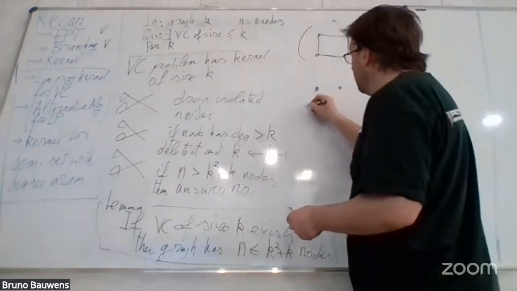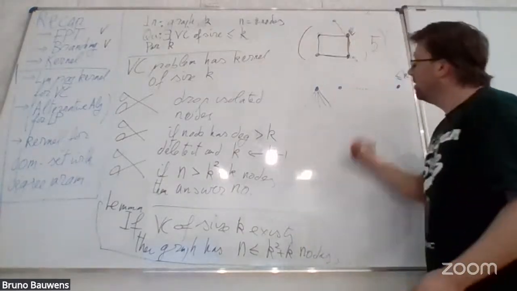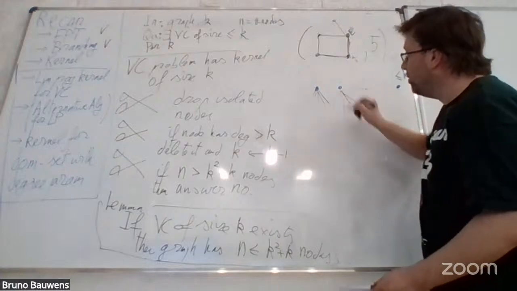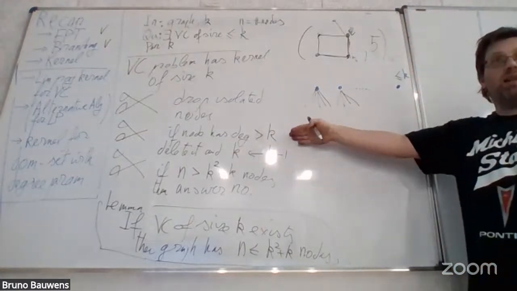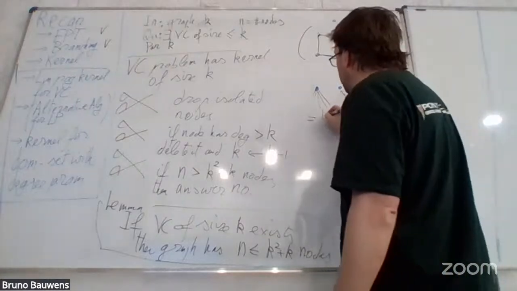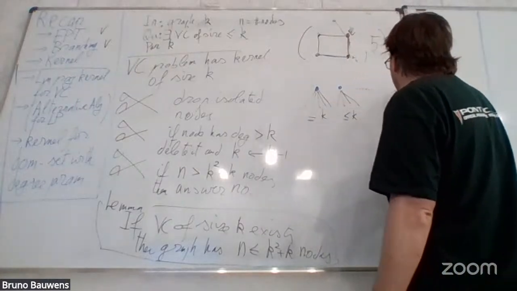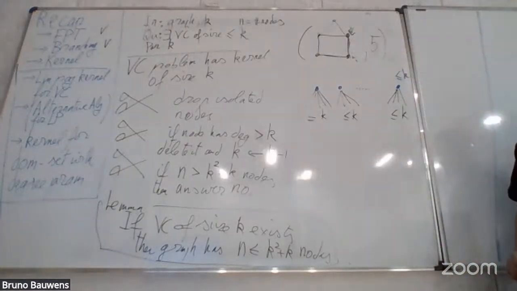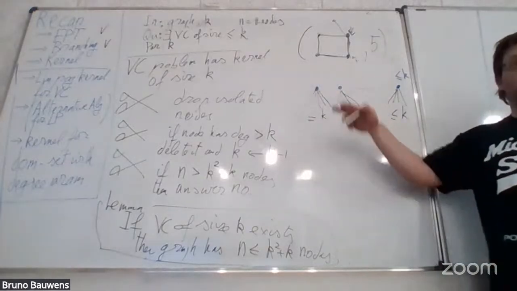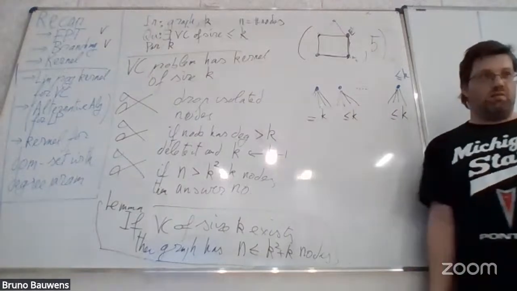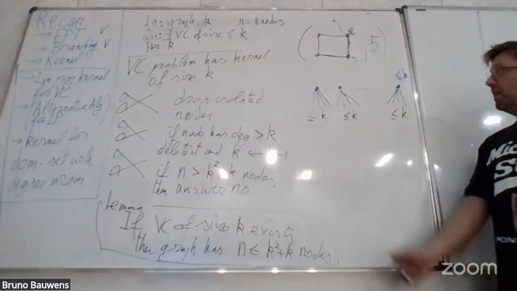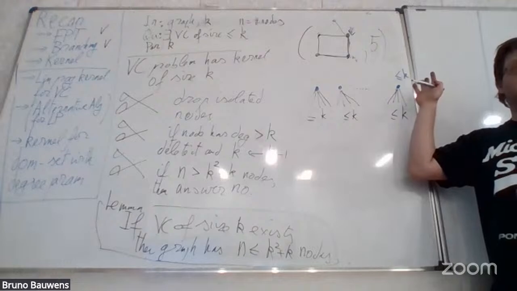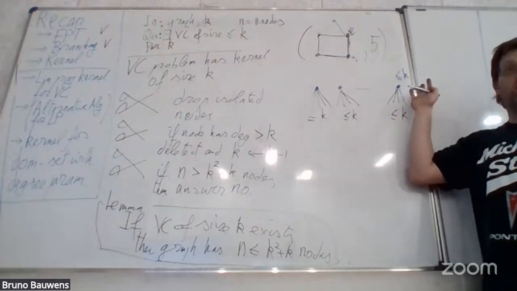So we can have at most k edges on every node because this rule cannot be applied. At most k, and the same here, at most k. And also k edges between? Yeah, there can be edges between, but it doesn't matter. At most k squared edges, and they must all be on the blue nodes of the vertex cover.